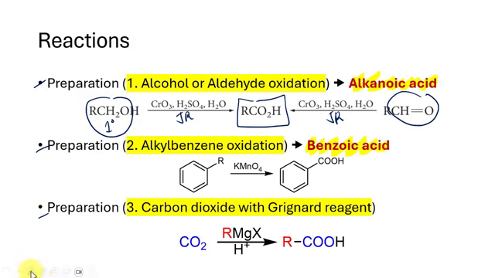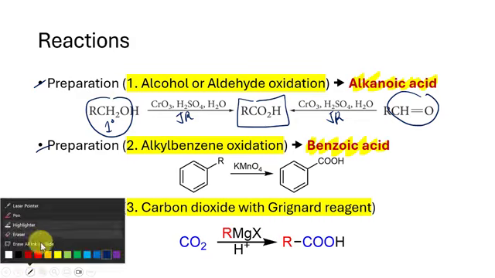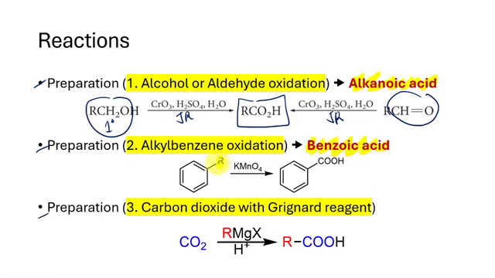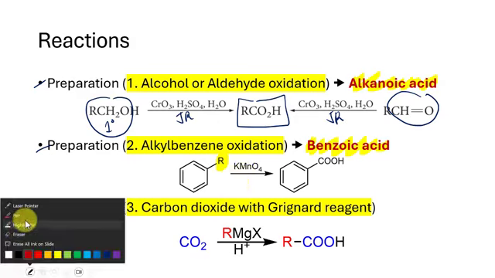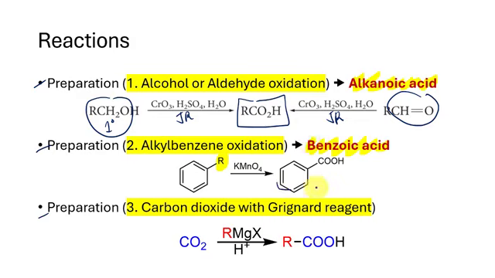So if you have a benzene ring in which there is an alkyl chain directly attached to it, in the presence of yet another strong oxidizing agent, in this case potassium permanganate, it will be converted to benzoic acid.